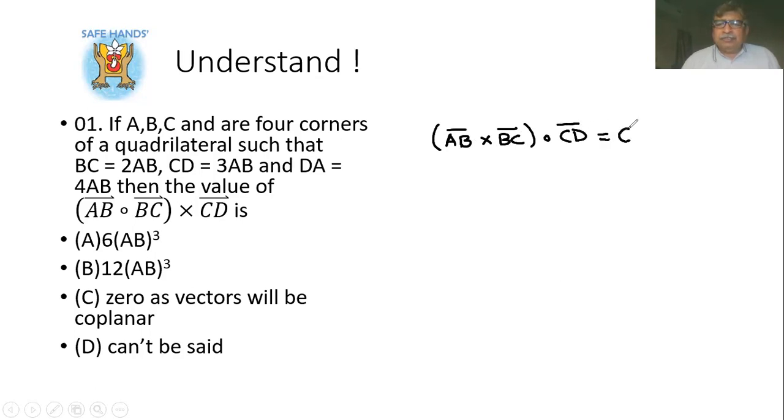Doubtlessly, the answer will be 0. Because if A, B, C, D are representing quadrilateral, any damn quadrilateral, I'm nowhere related with how this quadrilateral looks like. But one thing is certain, that quadrilateral is a planar figure. And if it is a planar figure, then all these four vectors will lie in a plane.